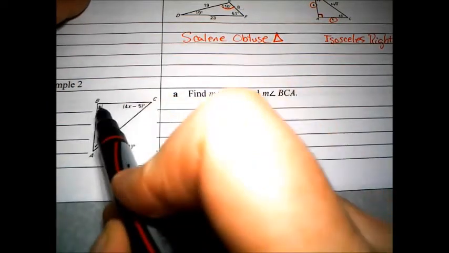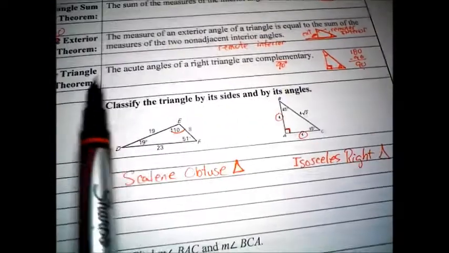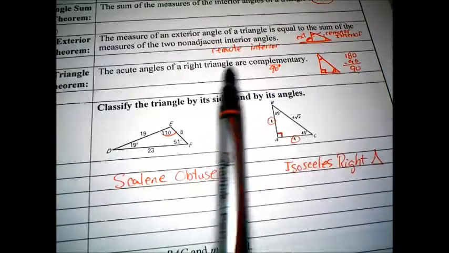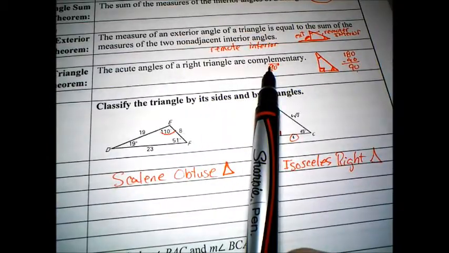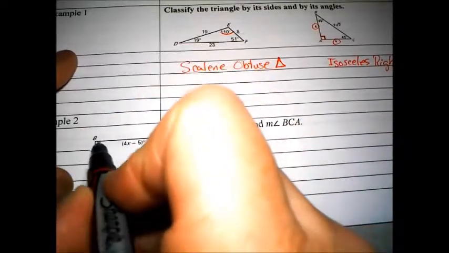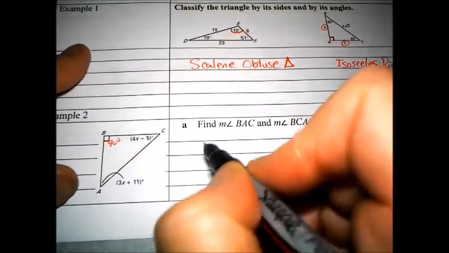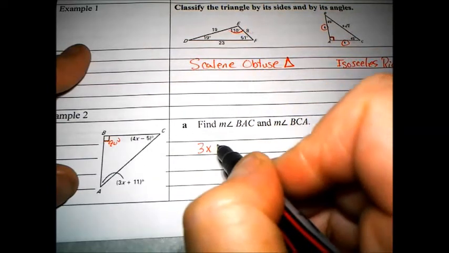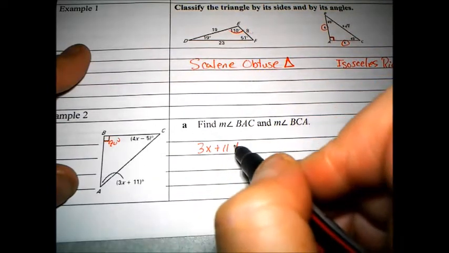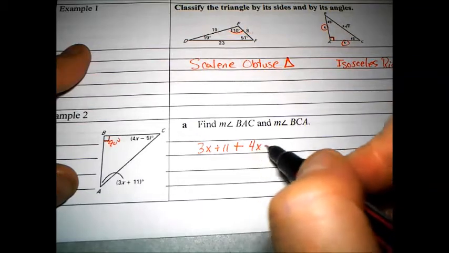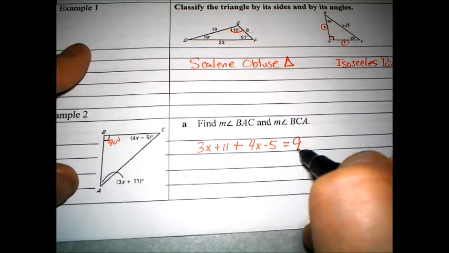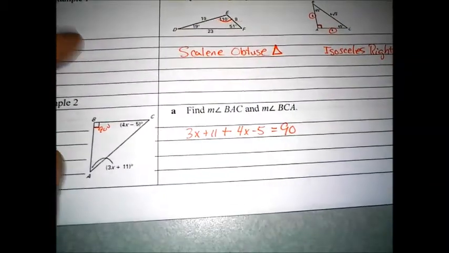Notice this is a right triangle, so I can use the corollary that says the acute angles of a right triangle are complementary. I know this corner is 90 degrees, so the other two angles should add together to equal 90 degrees. They're complementary.